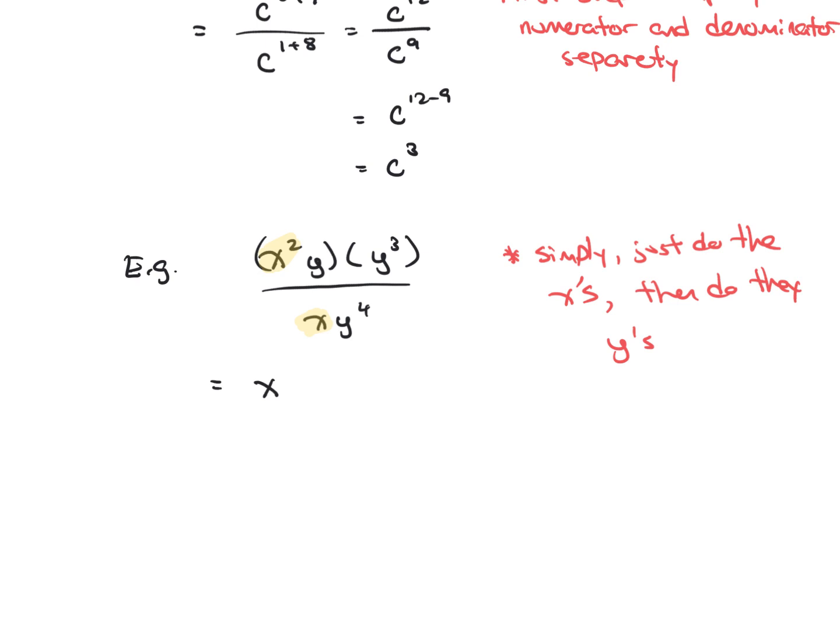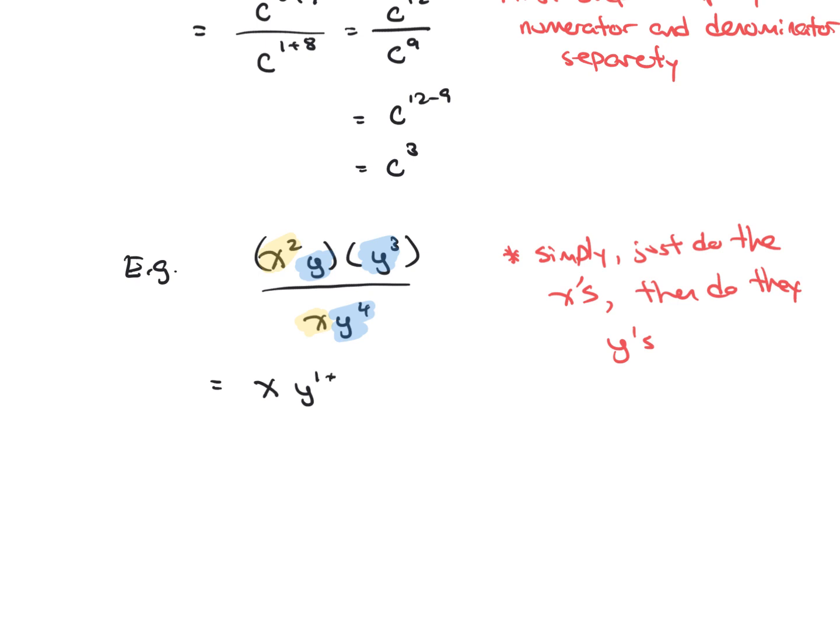Okay, now let's look at the y's. So now I'm going to pretend I don't see any x's, and I just look at the y's. In this case, if I look in the numerator, I have y to the exponent of 1 times y to the exponent of 3.